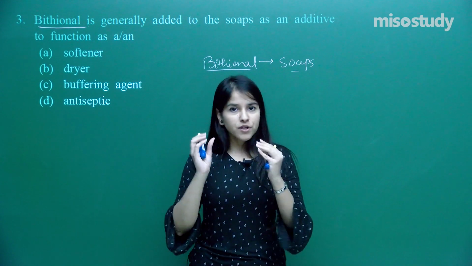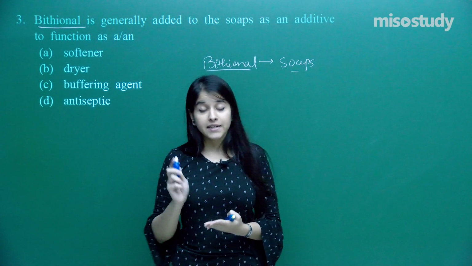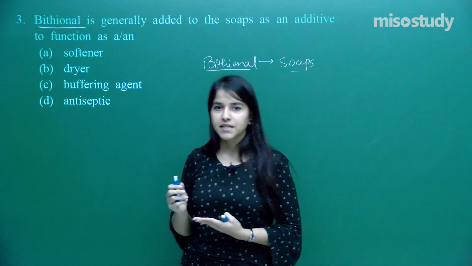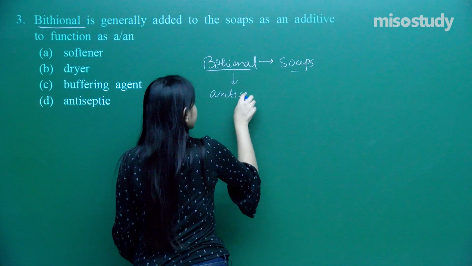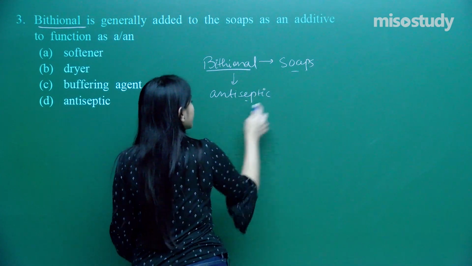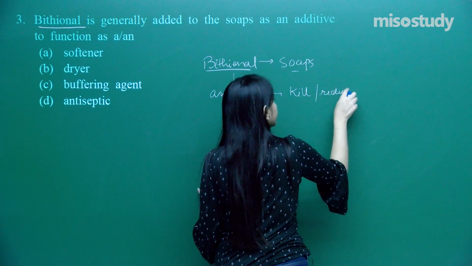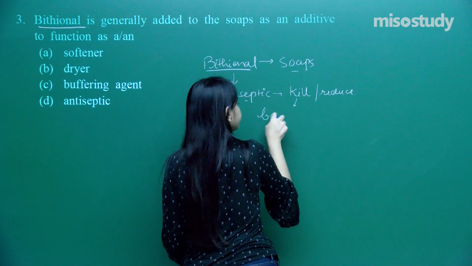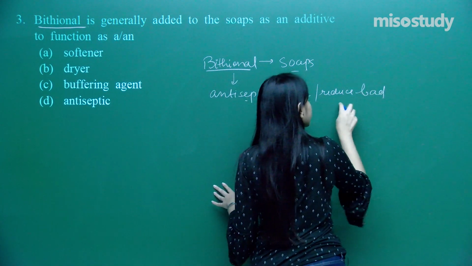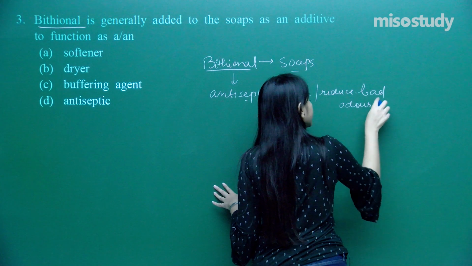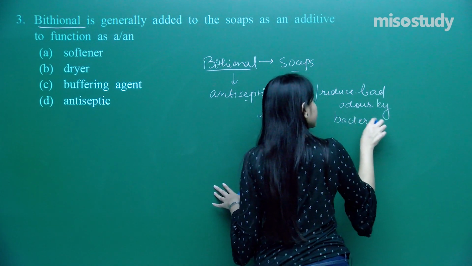So in order to reduce that bad odor, bithionol is added as an antiseptic to kill the bacteria, or reduce bad odor by bacterial decomposition.